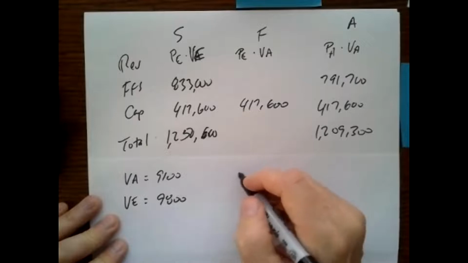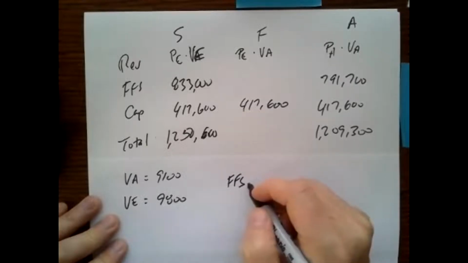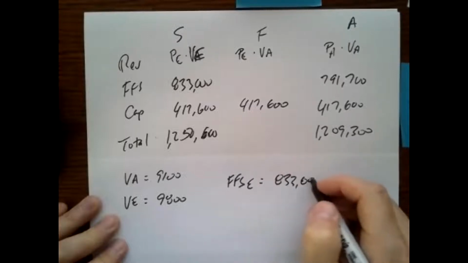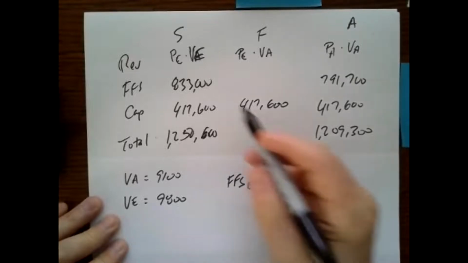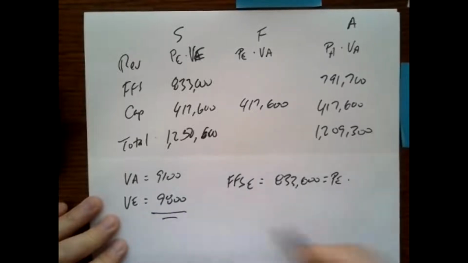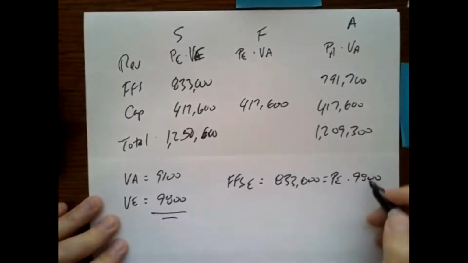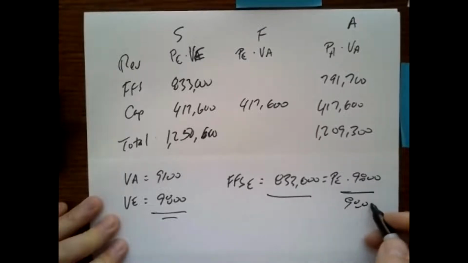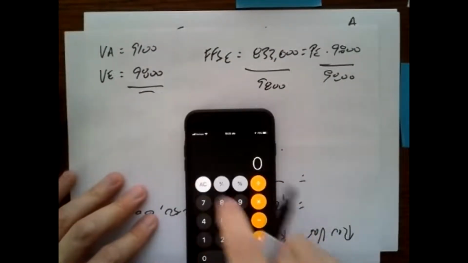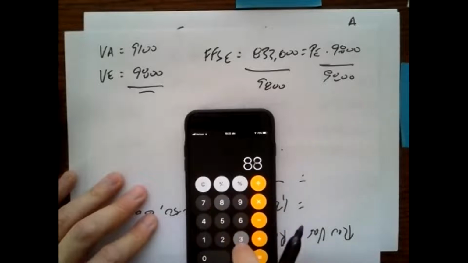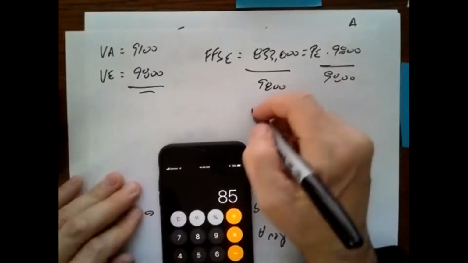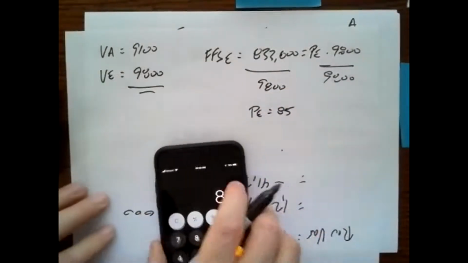So if the fee-for-service revenue expected is 833,000, and it is equal to the expected price times the expected volume, we know the expected volume was 9,800. We can divide by 9,800 on both sides, and we get price expected is equal to 85.